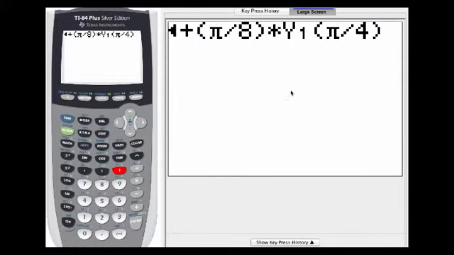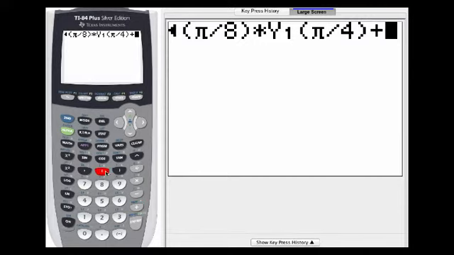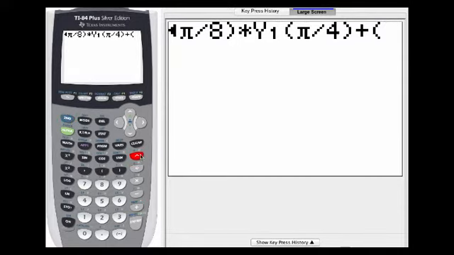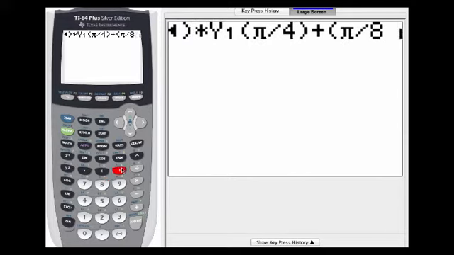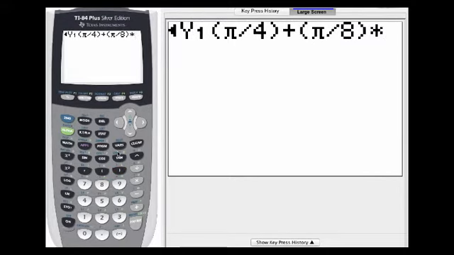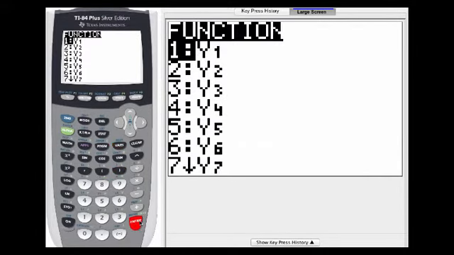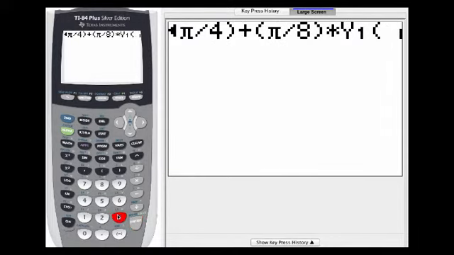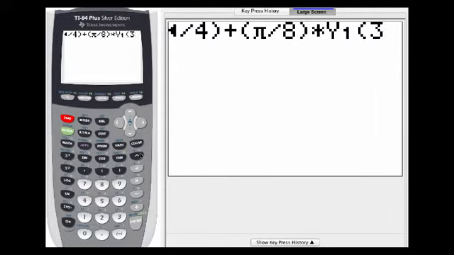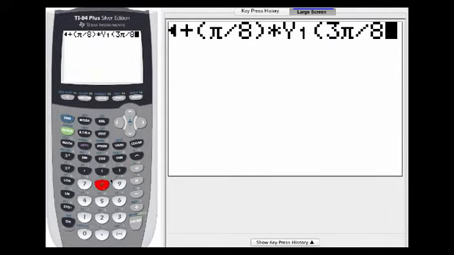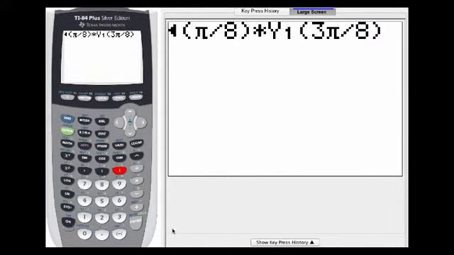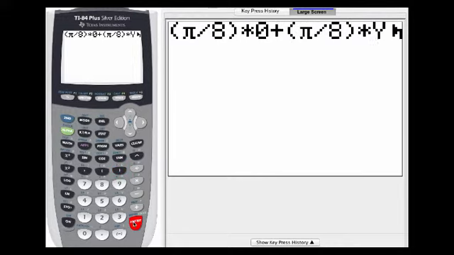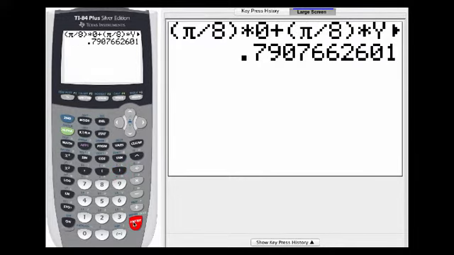Okay, so all that on your screen right there is the third rectangle. Plus, now here comes the fourth rectangle, which was pi over 8, times the function value at 3 pi over 8. All right, so all that right there is the fourth one. So hit enter, and lo and behold, it's the same thing you got when we did the program.